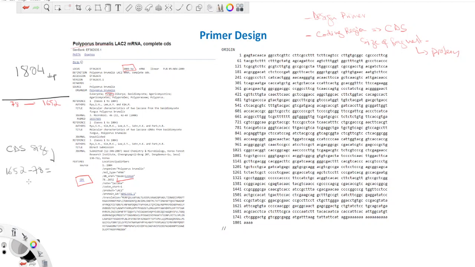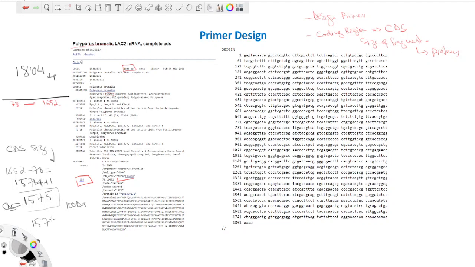Since this is inclusive, we also want to include the first number there, so it's going to be plus 1. You add a 1 there, then it's going to give you 1575. Then that is the size of your coding sequence. Then once you have the size, we may also assume that a protein, let's say the protein is 100 Da here, then what you want to do to get your protein, all you need to do is actually subtract.